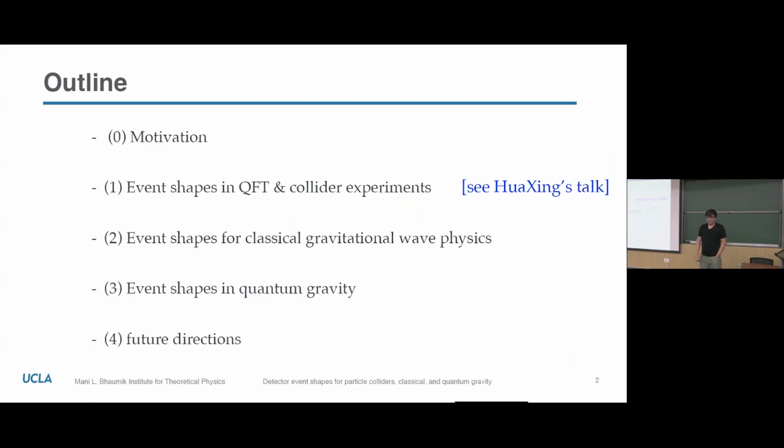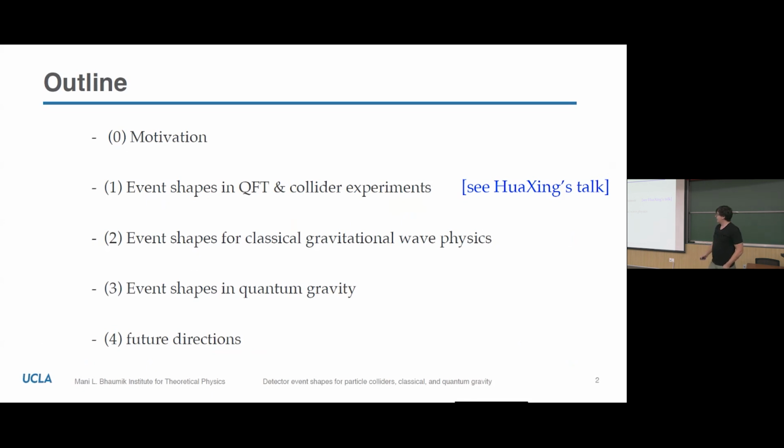Okay, so I start with a little bit of broader motivation. This is going to take quite a bit of time. And then I go through some of the things in a little more detail. I'll tell you about event shapes in quantum field theory, and in particular for collider experiments. There I'll be a little bit brief because Washing, yesterday or two days ago, already gave a nice talk in this direction.